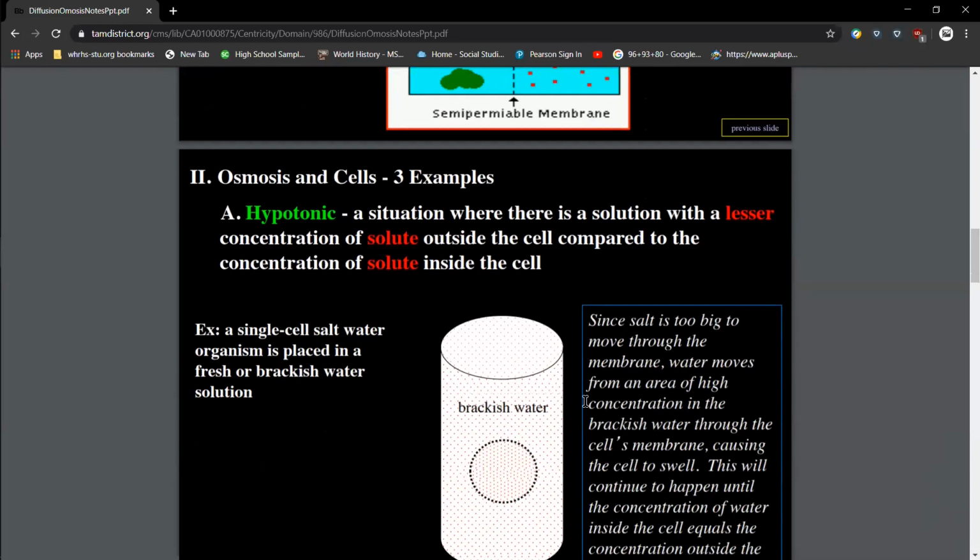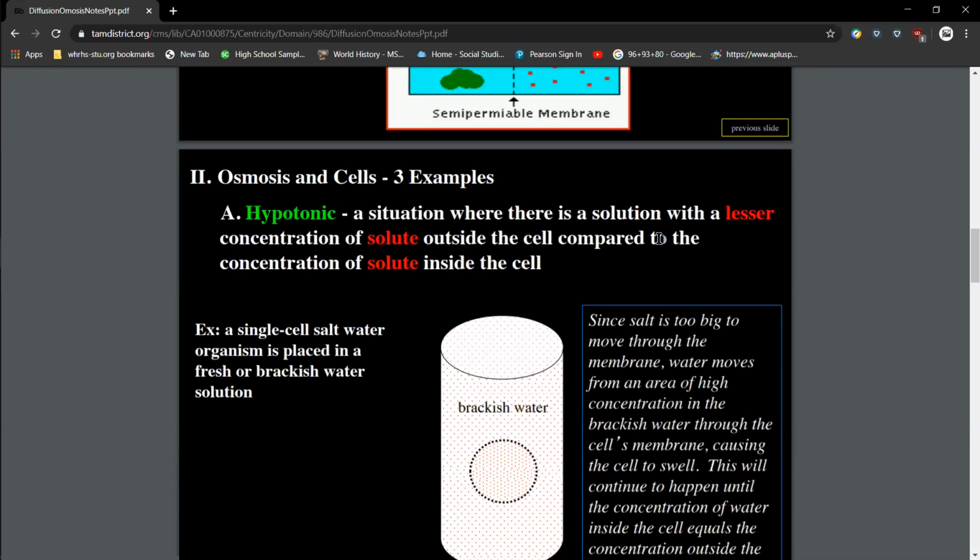So now let's talk about cells. We have to define 3 terms. One of them is hypotonic. Hypotonic means a situation where the solution has a lower concentration of solute outside the cell compared to the concentration of solute inside the cell.